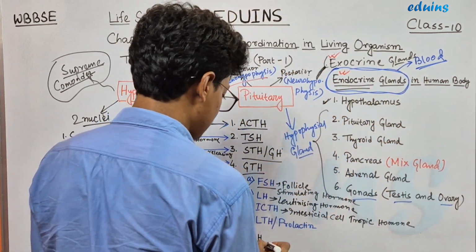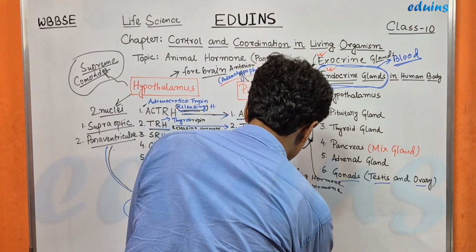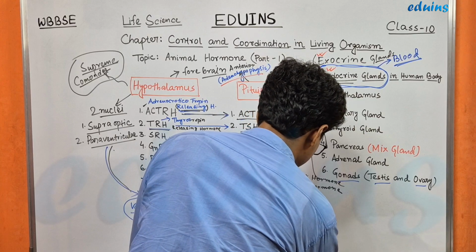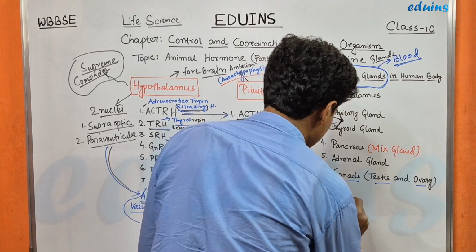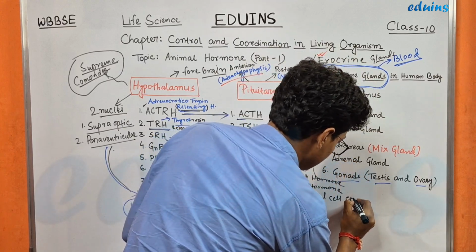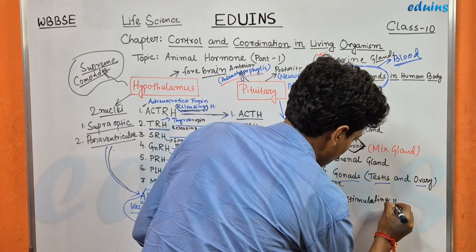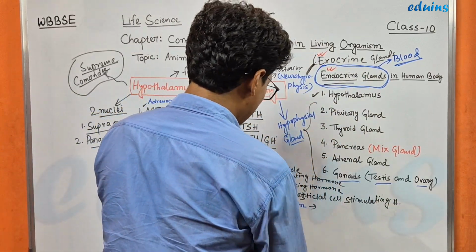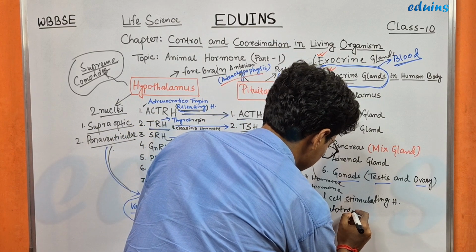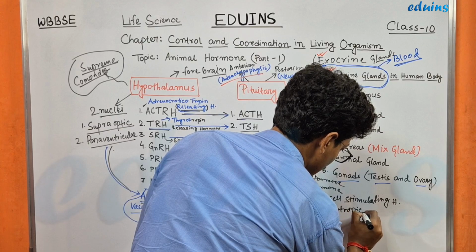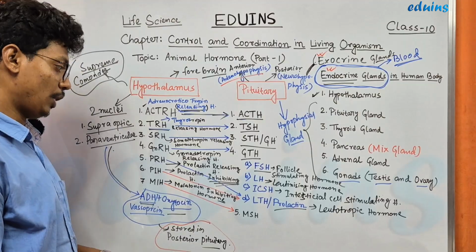And number 5, that is ICSH or interstitial cell stimulating hormone. And LTH, that is luteotropic hormone, or this is also known as prolactin.